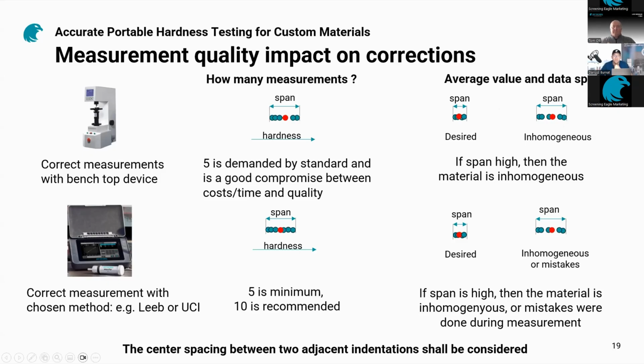When it comes to portable methods, besides the inhomogeneity, you can also have one simple thing. Portable methods have a user between the final output and the specimen, so the user can also make mistakes. Typically with benchtop devices, we tend to believe those mistakes are not there.